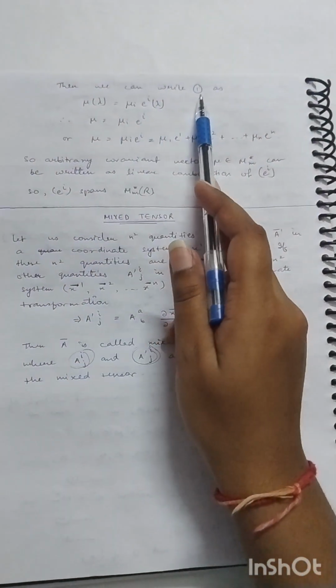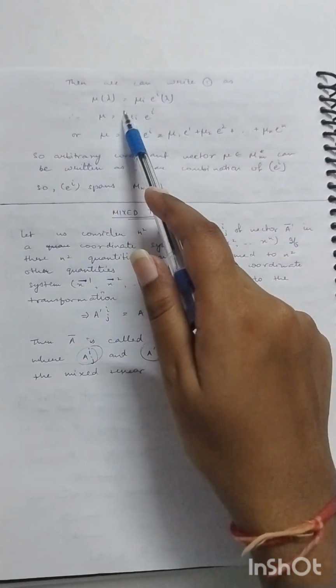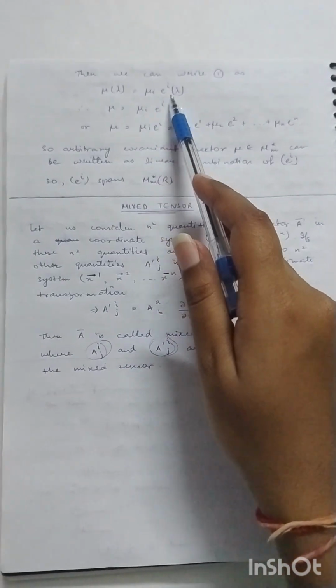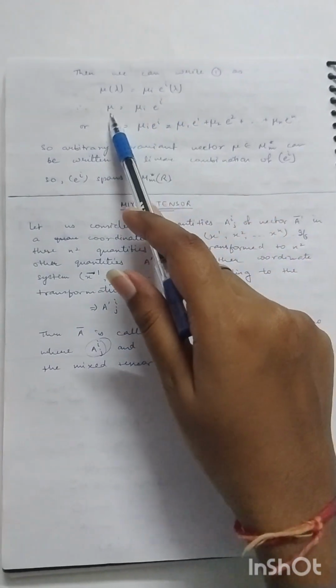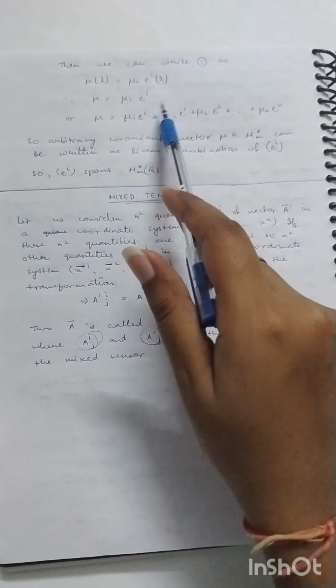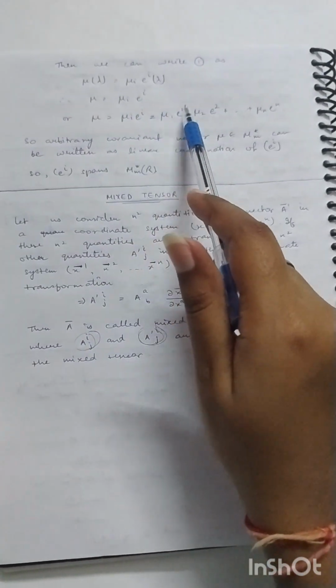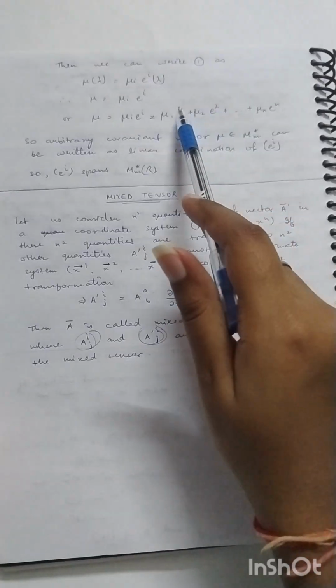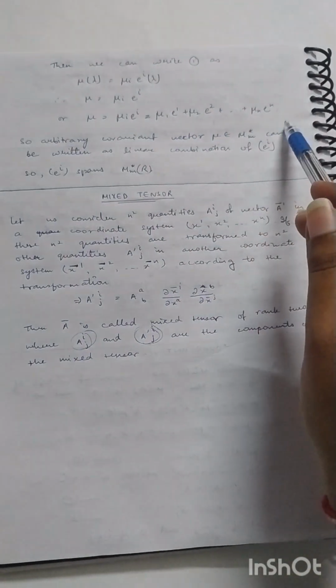We can write equation 1 as mu lambda is equal to mu subscript i E to the power i lambda. Therefore mu is equal to mu subscript i E to the power i, which can be written as mu 1 E to the power 1 plus mu 2 E to the power 2 up to mu n E to the power n. We put the values of i here, that were 1, 2, 3 to n.